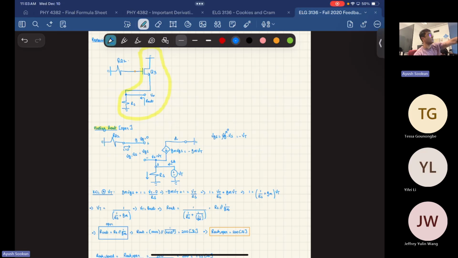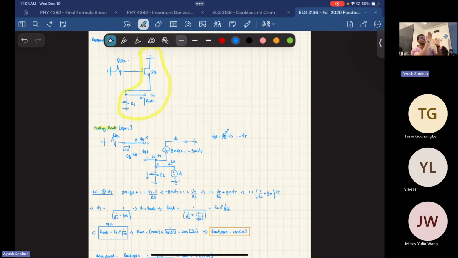So the source is Vt, and the gate is 0. So VGS is Vg minus Vs, Vs is Vt, this is 0, so VGS is equal to minus Vt. So GM-VGS is equal to minus GM-Vt. So I replace this by that right here. Now I have Vt in one equation, isolate for Vt, and I have my R out closed.